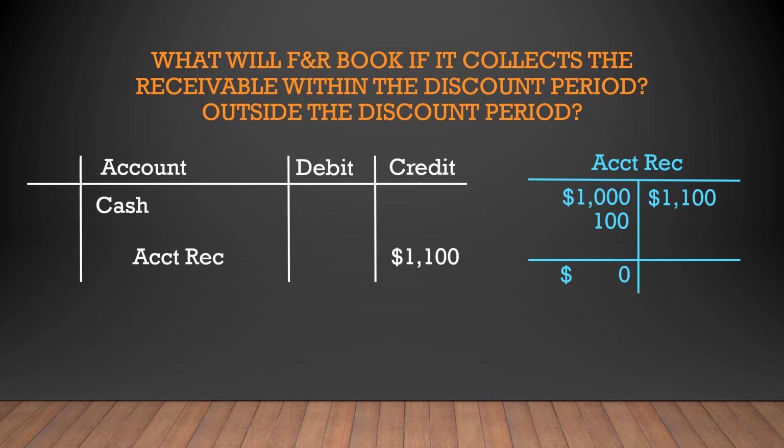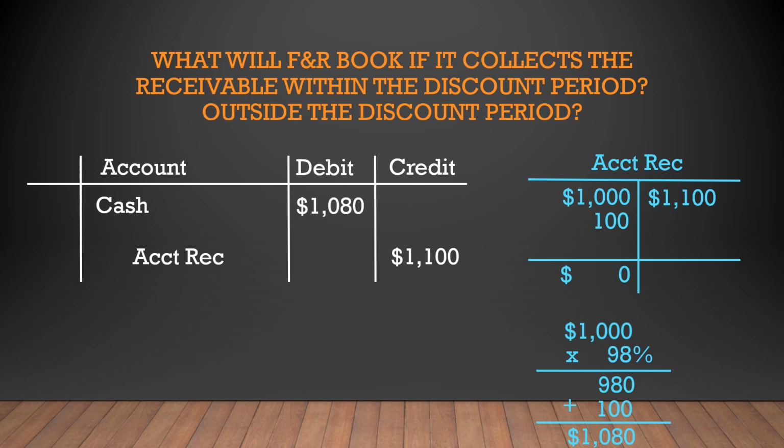Again, because this is within the first 10 days of our credit terms, we don't get the full $1,100 in cash. Only the $1,000 gross price is discounted by 2%. We then add the $100 of prepaid freight on top of that to get our total cash received of $1,080. The $20 debit needed to balance our entry goes to sales discounts.